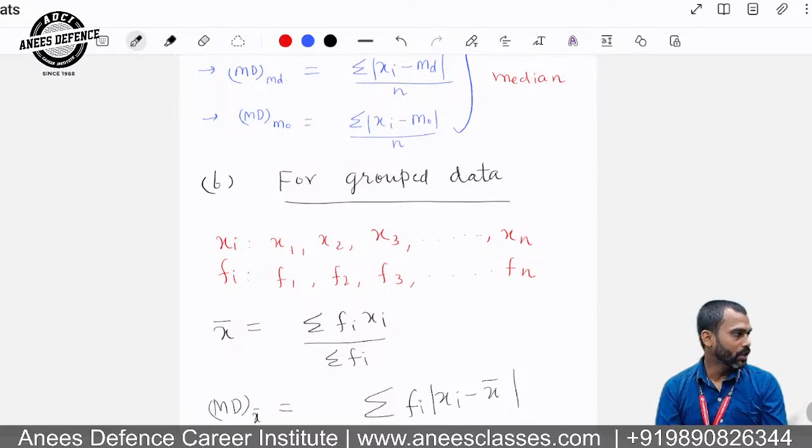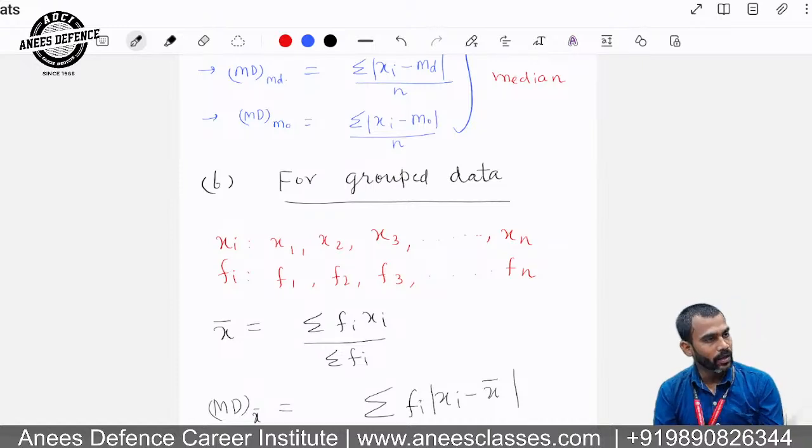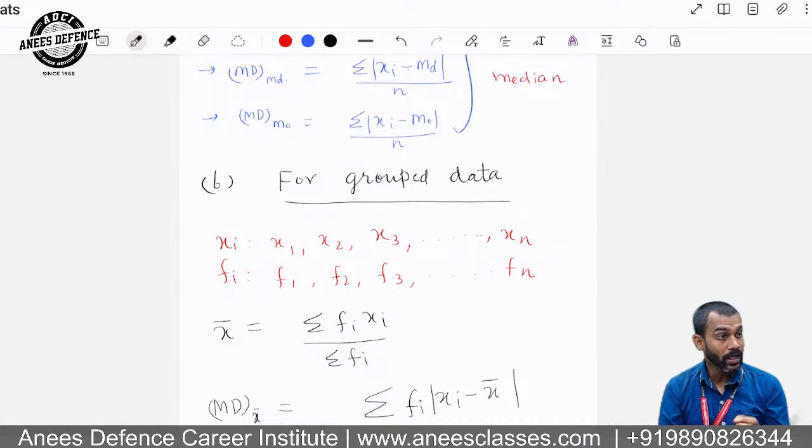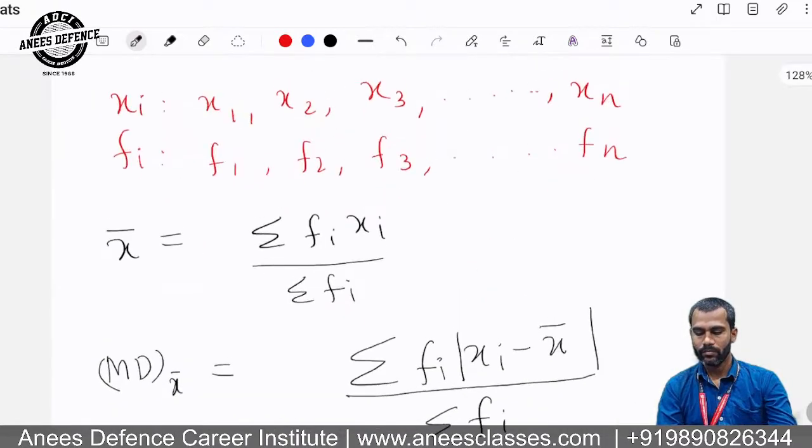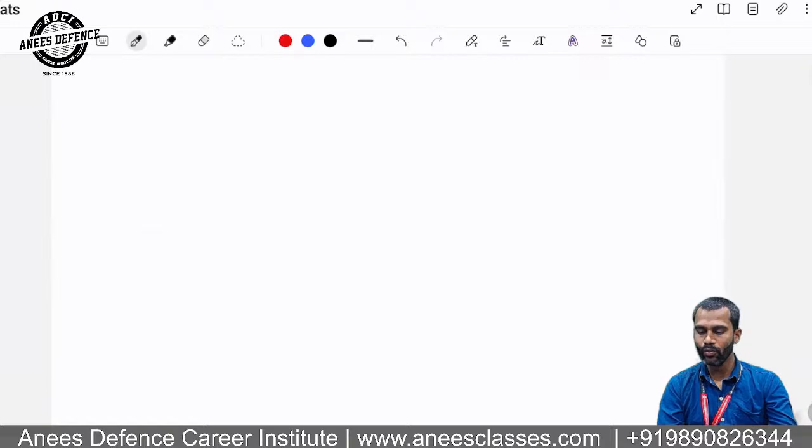Because when we are finding mean for ungrouped data, where frequency is not there, we write summation xi divided by n. And for frequency distributed, grouped data, summation fi xi divided by summation fi. So can I write divided by summation fi? Is there any doubt? No, sir.